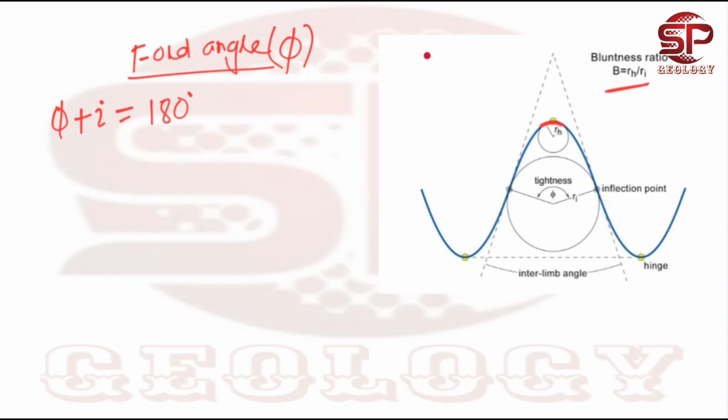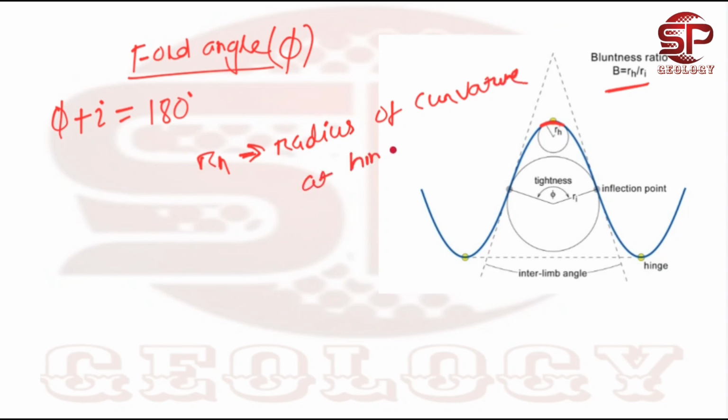Okay, RH by RI. RH is the radius of curvature at the hinge point.